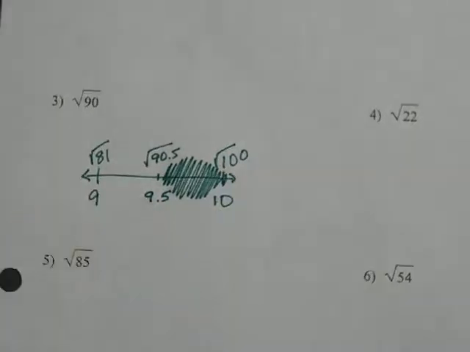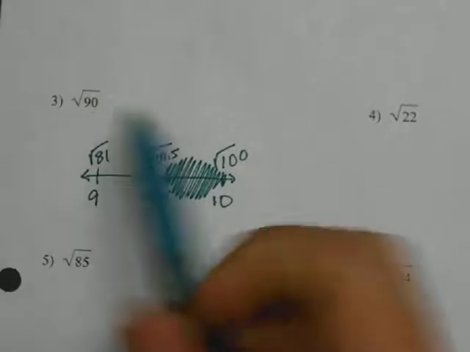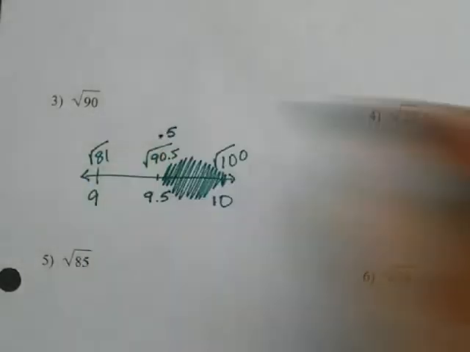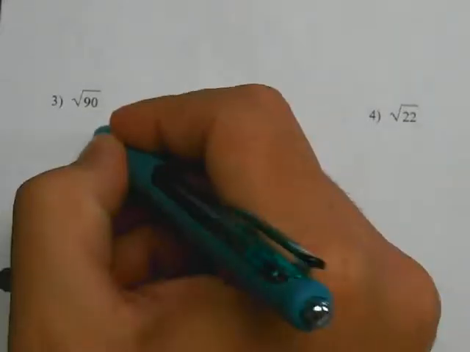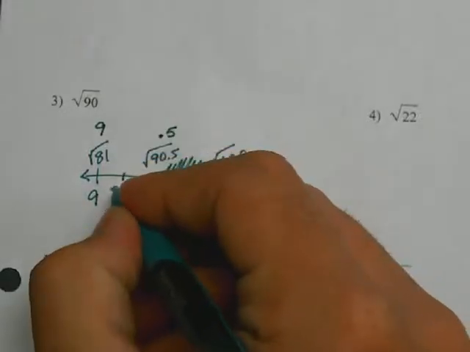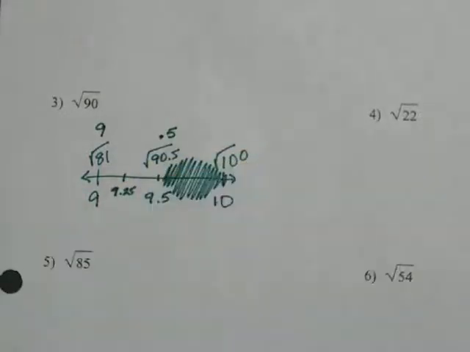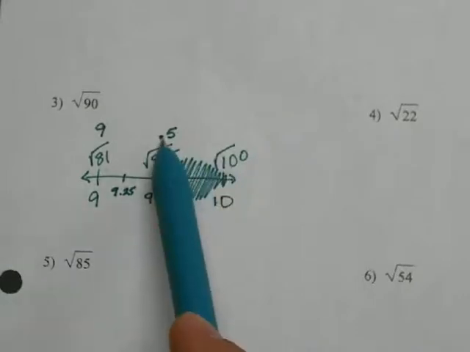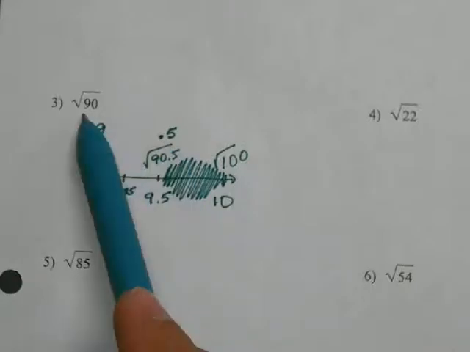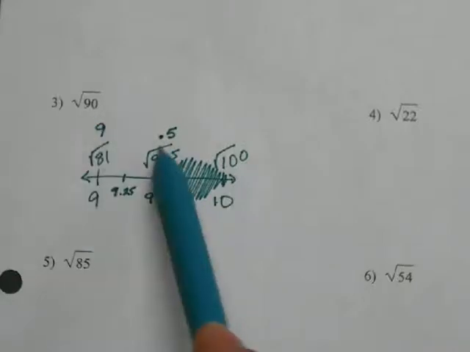Okay. Now from there, you are going to determine the distance 90 is from each one. The number 90 is 0.5 away from 90.5, half of a number away, and it is 9 away from 81. Okay? Now, I want you to think about this. If this was the exact middle, 9.25, whatever the distance is, since we're talking about the square root of 90, it's 0.5 from here, and it's 9 from here.